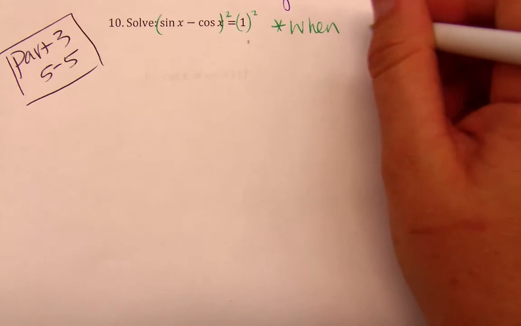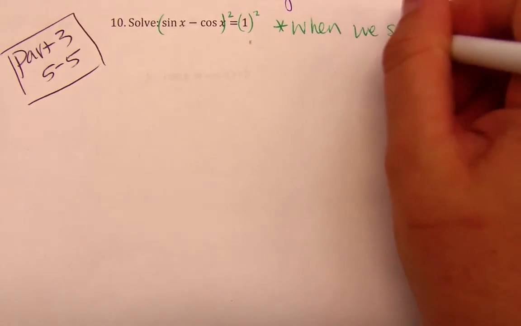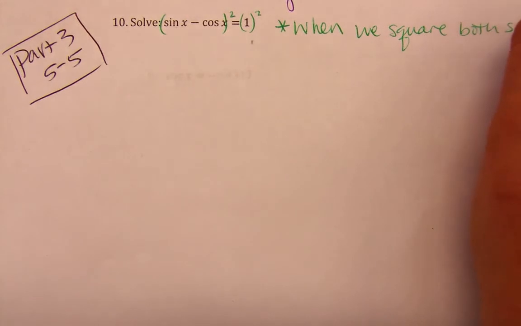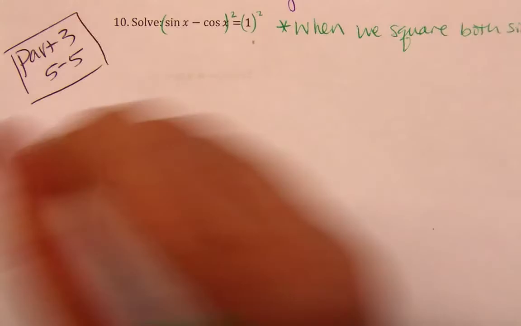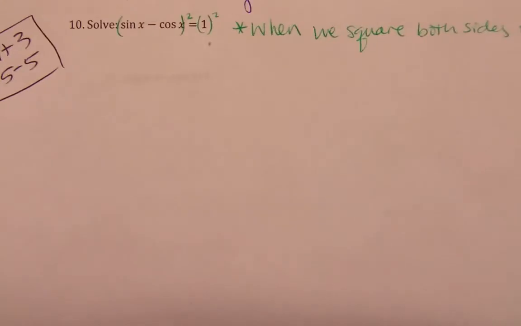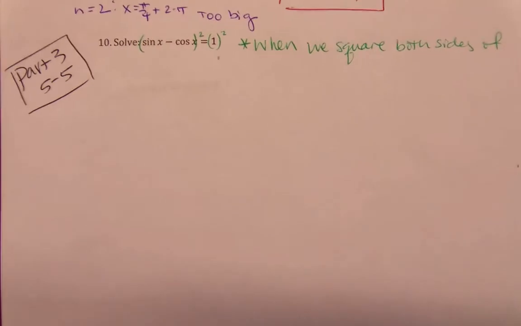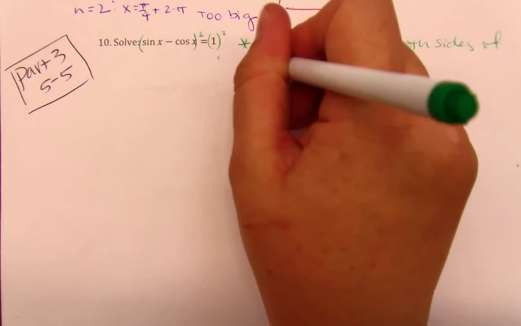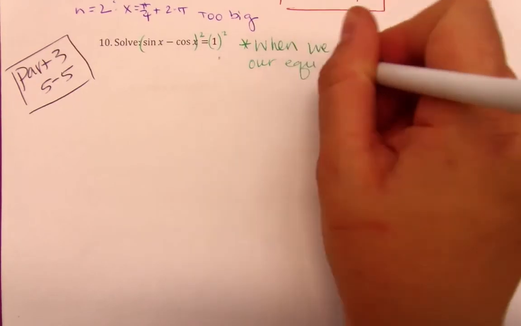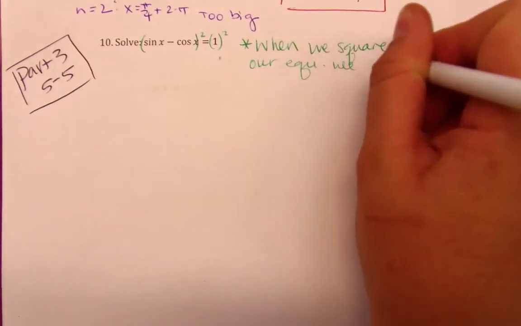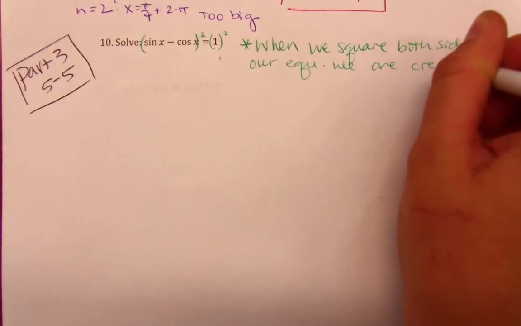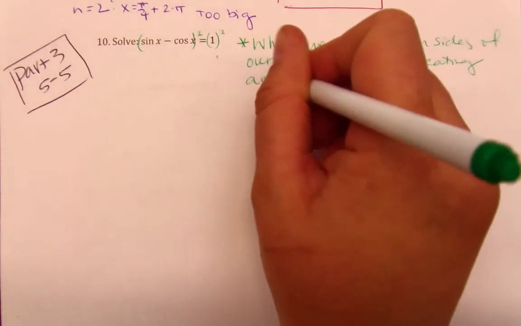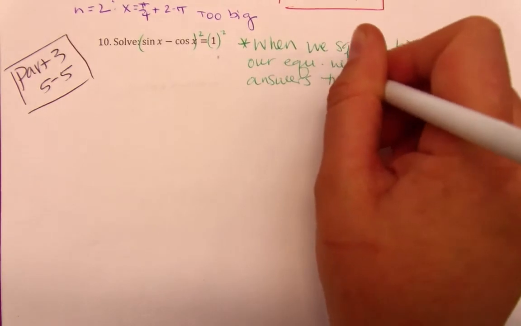So when we square both sides of our equation, we are creating answers that aren't really there.